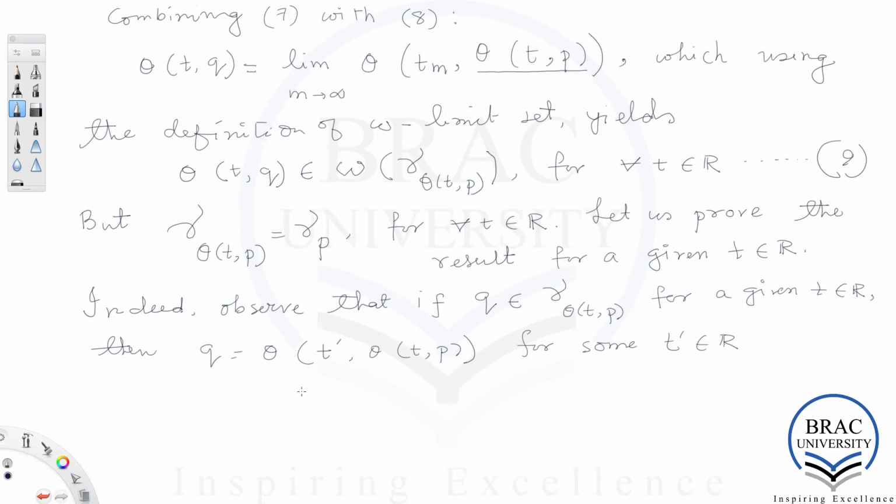Okay, and by using the property of the flow map of a dynamical system, we know that this is equal to theta t prime plus t comma p, right?